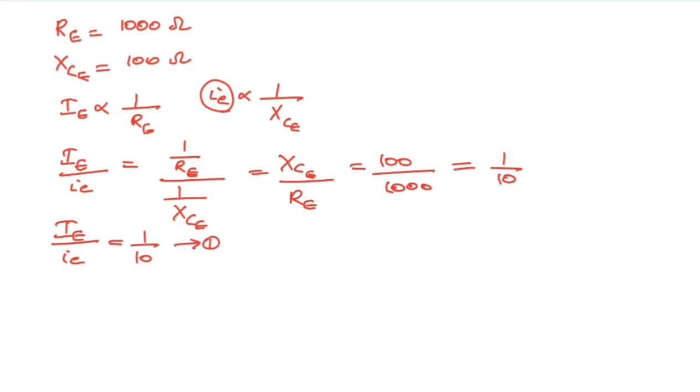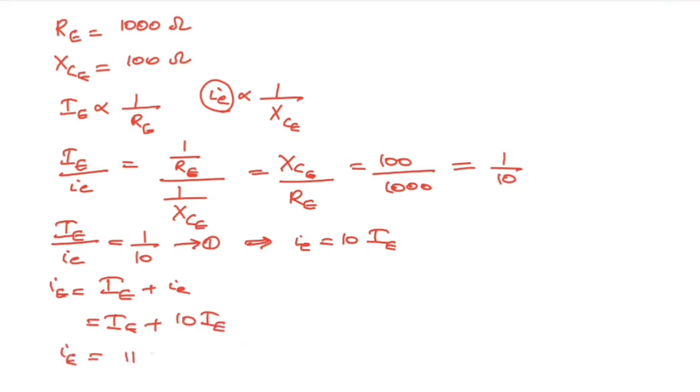Let this be equation 1. We know that total emitter current is the sum of DC current and AC current. From equation 1 it is clear that small i is equal to 10 into capital I. So we can substitute here: capital I plus 10 I. So the total current is 11 I. So we can say that the DC current out of total emitter current is 1 by 11.